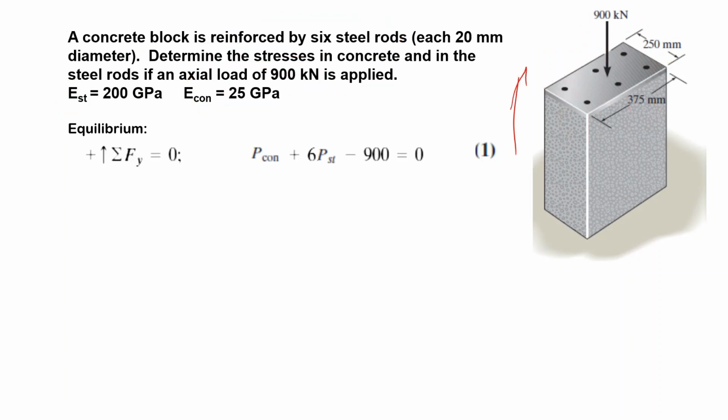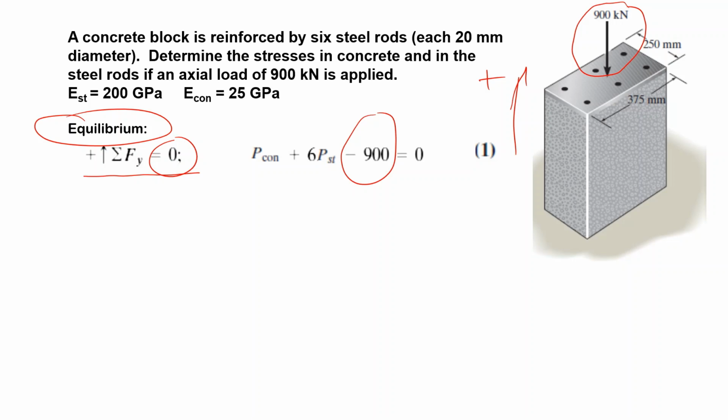Let this be my positive y direction, and I write the equilibrium sigma of y equal to 0. So I have a 900 downwards, and in each rod, the force taken over is P steel 6 times, and the total concrete section takes over P concrete.